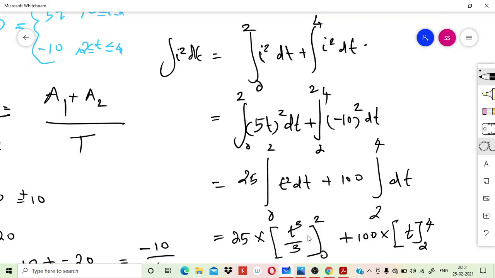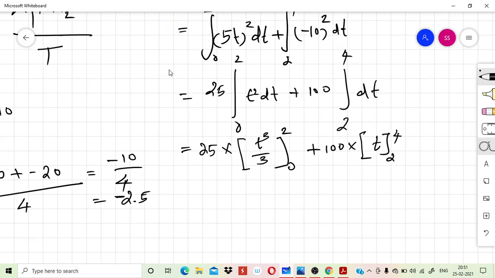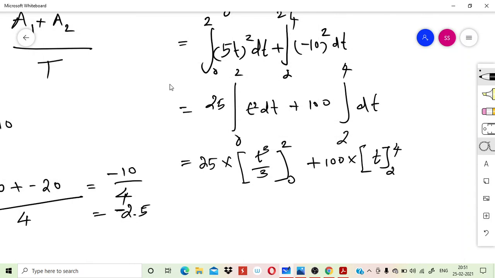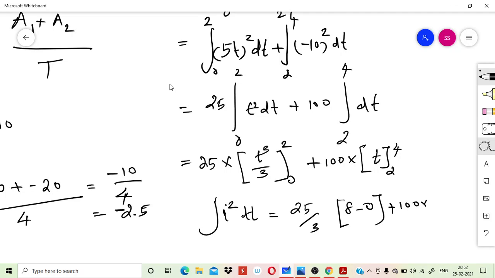So my integral I square dt will be equal to 25 by 3 into t cube, meaning 8 minus 0, plus 100 into 4 minus 2, that is 2.